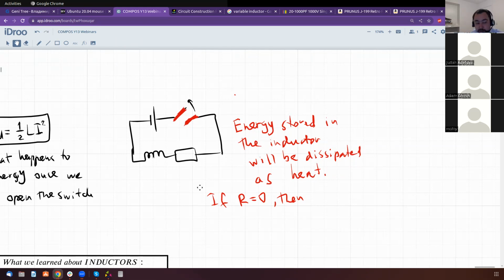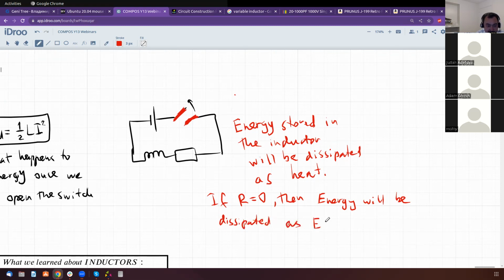An LC circuit will not go on forever because it will produce electromagnetic waves. So the energy will be dissipated as electromagnetic waves.